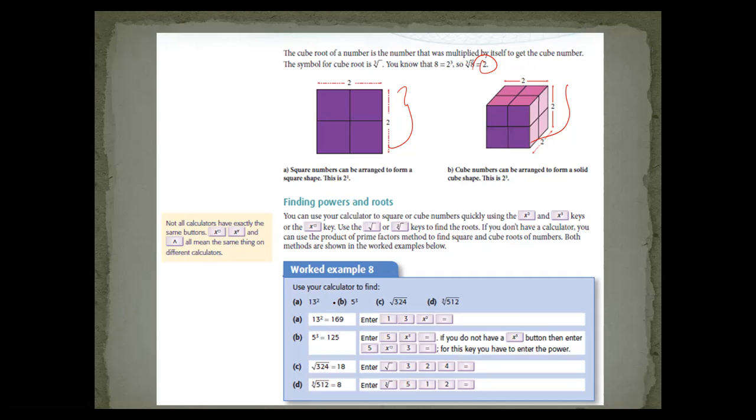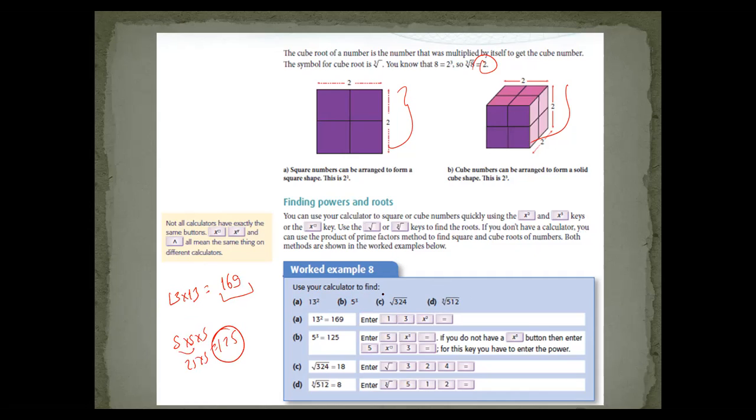Use your calculator to find 13 squared. 13 squared means 13 times 13, which is equal to 169. And 5 cubed means 5 times 5 times 5, which is 25 times 5, which is 125. The others are also for you.